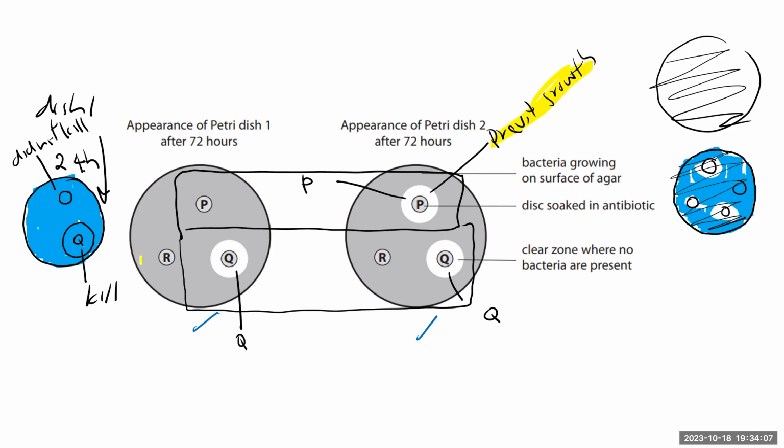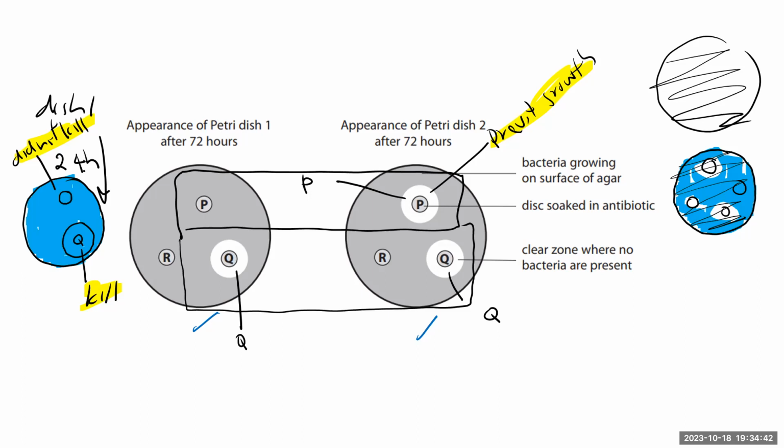Now give me one word: how can you describe antibiotic P? What is the correct name you can give for antibiotic P? Bacteriostatic. Yeah, P is bacteriostatic and Q is bactericidal. So we prepare for this kind of tricky question.